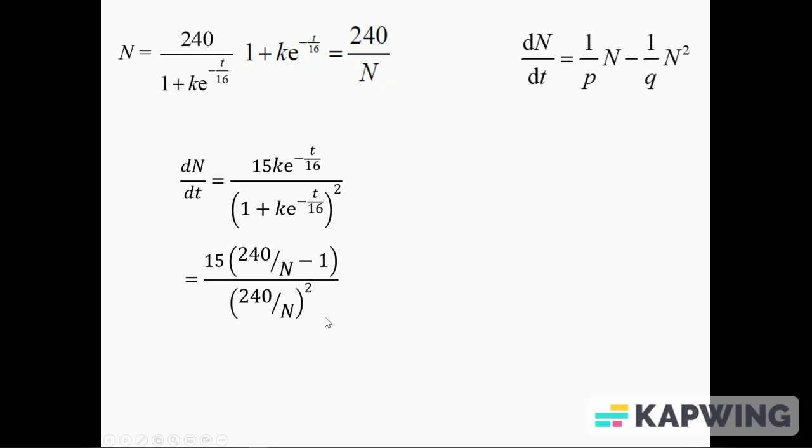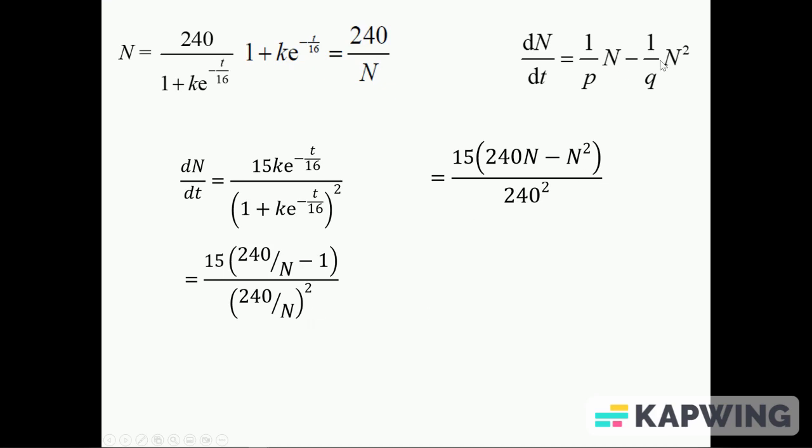I've got fractions within fractions here, which nobody likes. So I'm going to multiply the top and bottom by n squared to get rid of the n's on the bottom. So this bracket here multiplied by n squared will be 240n minus n squared, and the bottom line is just 240 squared.